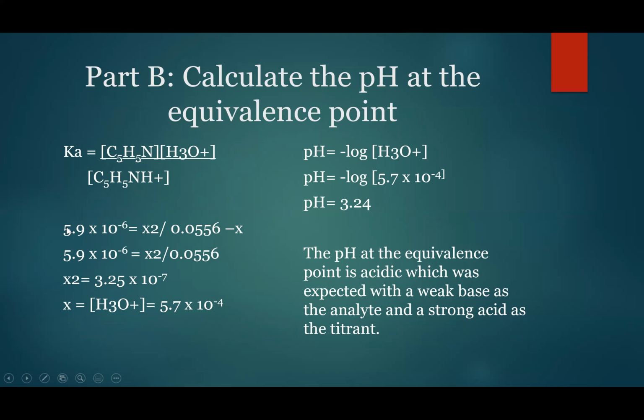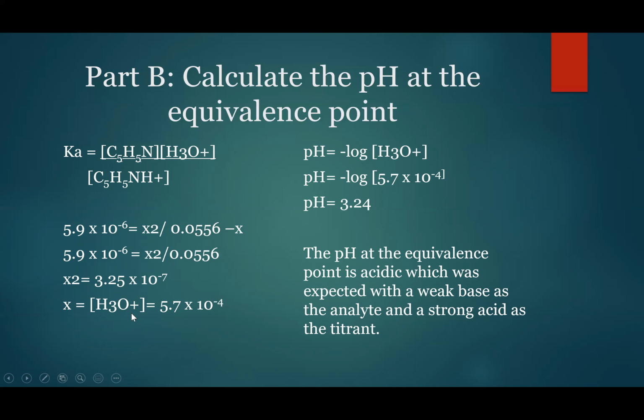We know that Ka is 5.9 times 10 to the minus 6 from when we found Ka, which equals x squared over 0.0556 minus x. We're going to make the assumption that x is small because the concentration is more than Ka.